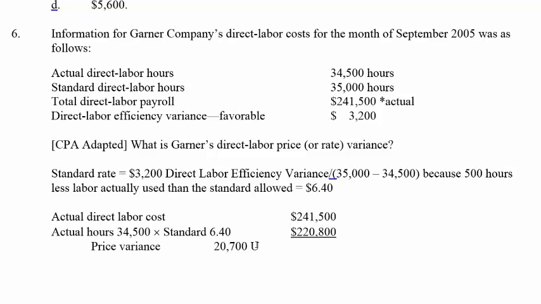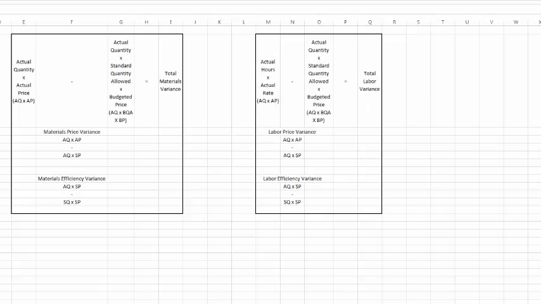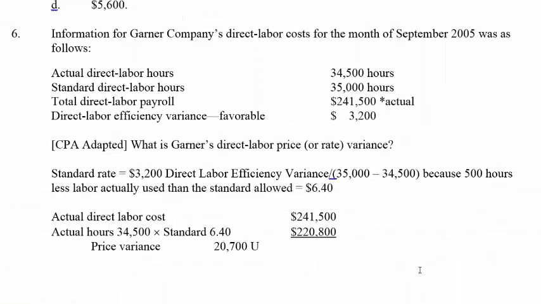All right, so again, we're breaking down the formulas that I showed you guys here on this one. We're trying to calculate how much was due to pricing, how much was due to efficiency, and we were given enough information to find one to give us enough to back our way into the second one. So our price variance based on that is 20,700 unfavorable.